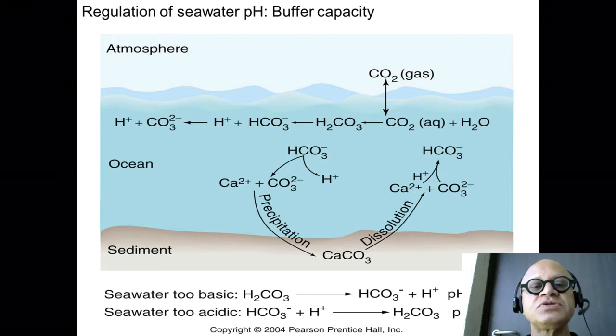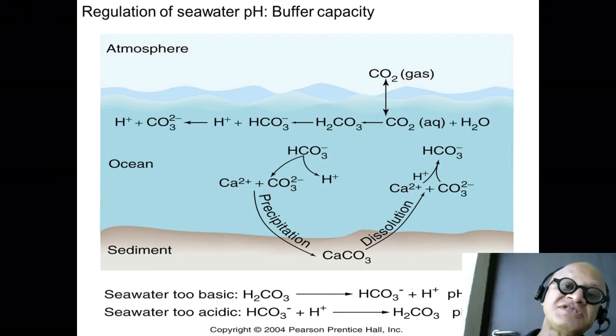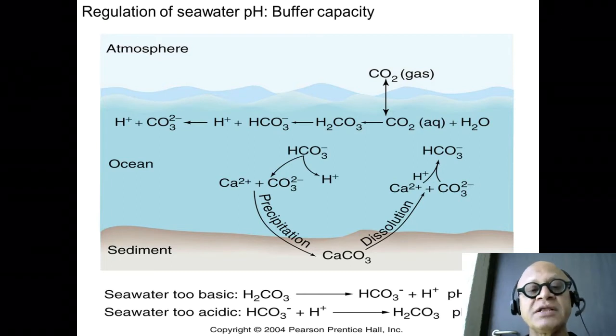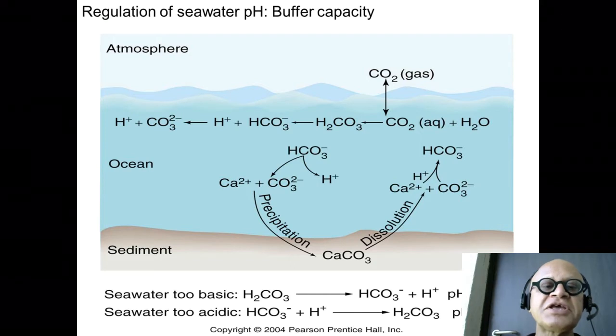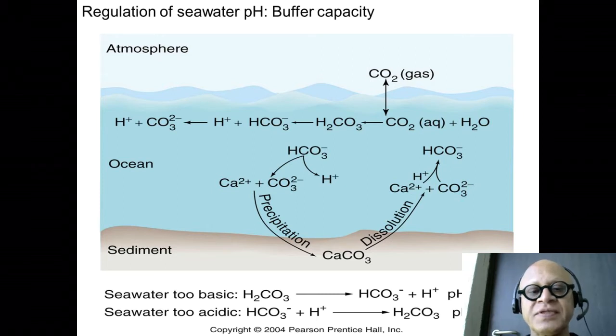As we said, H2CO3 is constantly getting moved into bicarbonate, or HCO3 minus, and H plus, which gives us a move towards decreasing pH because of acidification. But the HCO3 minus is further splitting into carbonate, or CO3 2 minus, and releasing another H plus, right?